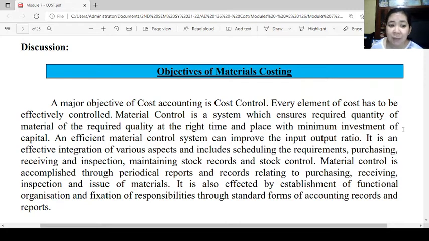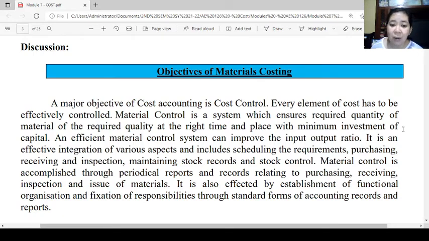It is an effective integration, therefore, of the various aspects which will include scheduling of the requirements, purchasing, receiving and inspection, maintaining stock records, and stock control. Material control is accomplished through the use of periodical reports and records relating to purchasing, receiving, inspection, and the issuance of materials.